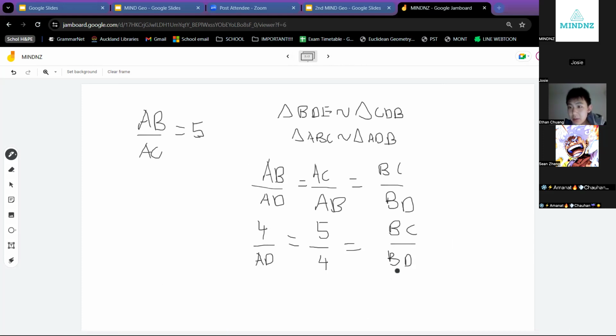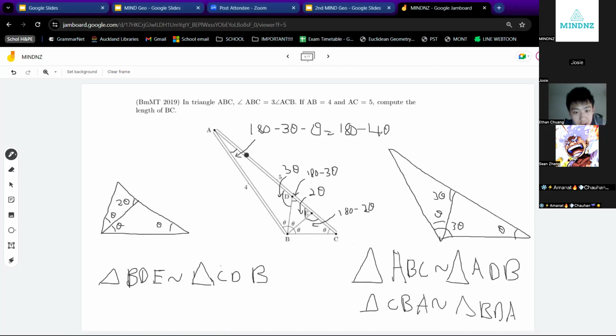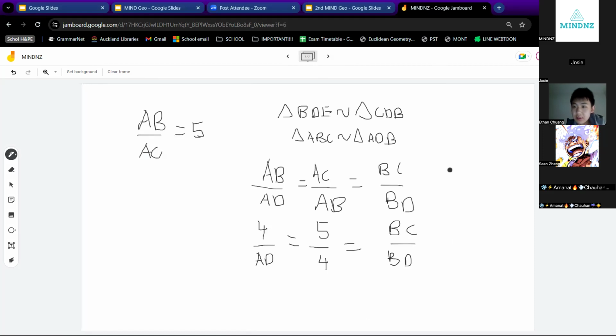Wouldn't AD be 4? Wait, wouldn't AD be 4? AD is not necessarily 4. Where did you get AD equals 4 from? Not AD, yeah, AE is 4, you're right.